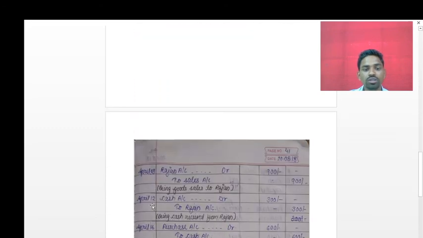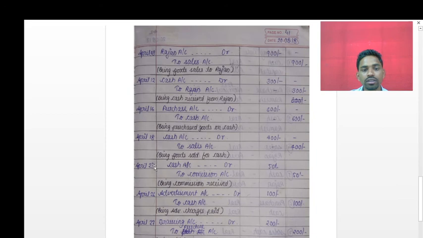So next transaction, on 23rd April received a commission rupees 50. Received means what received? Cash received. So in this transaction two accounts are affecting, which are those two accounts? Cash account and the commission account. Cash account is a real account, and what is the real rule?